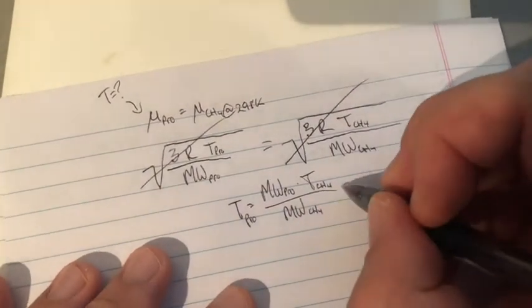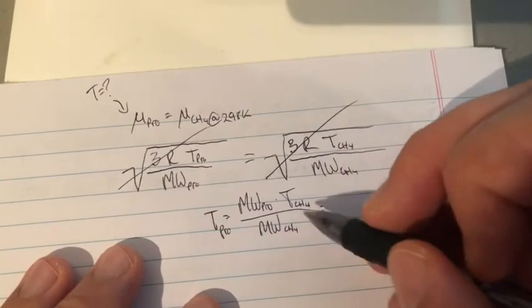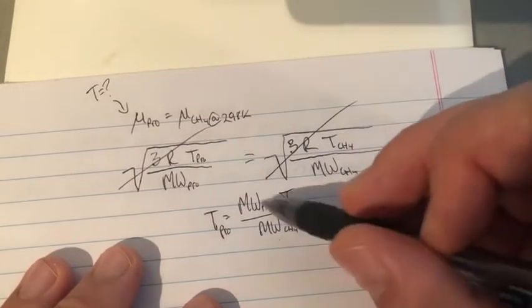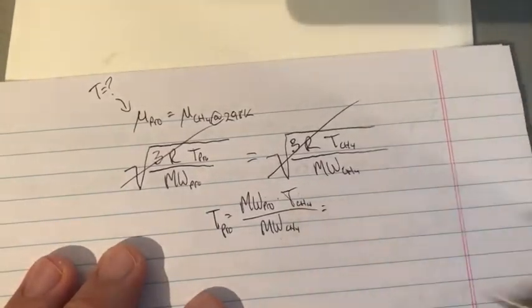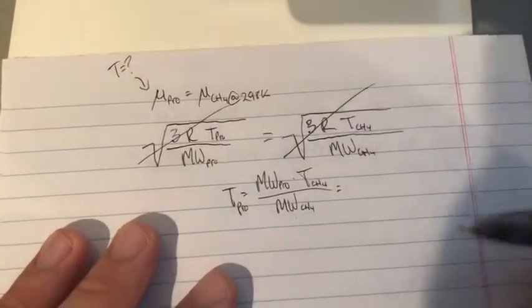In other words, grams per mole on both the numerator and denominator are going to cancel out. Then you're just going to be left with temperature in terms of Kelvin.